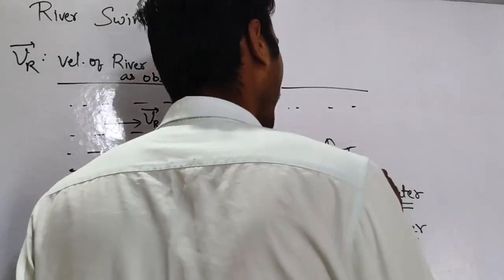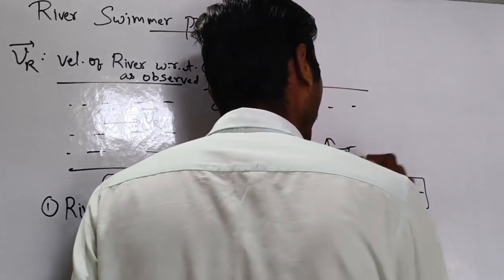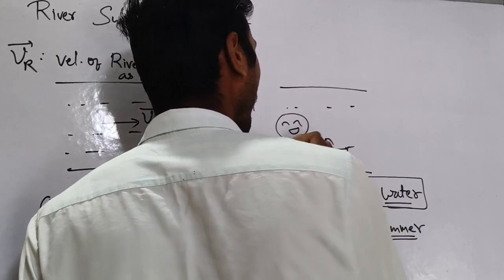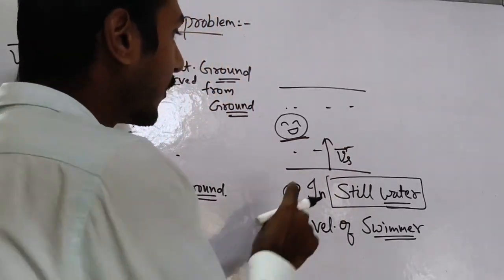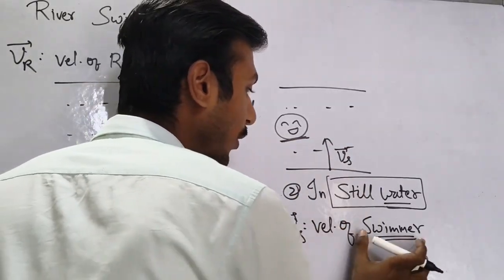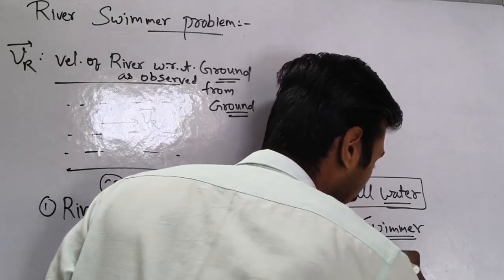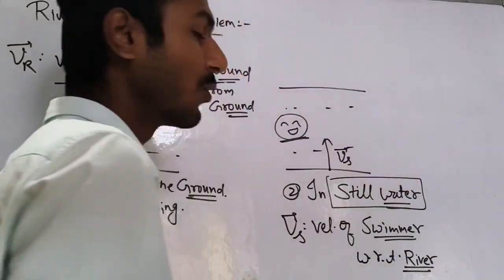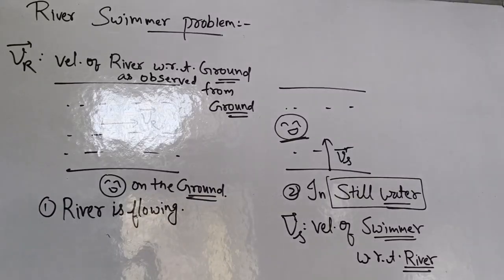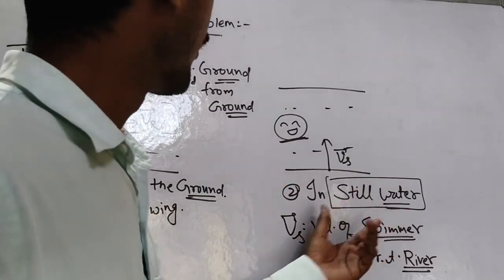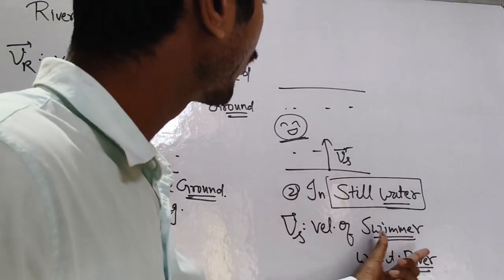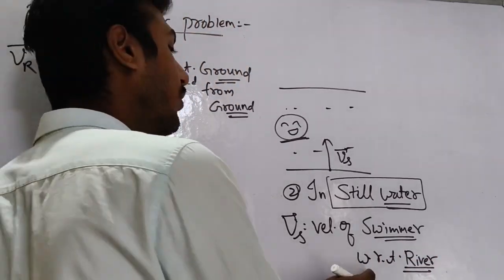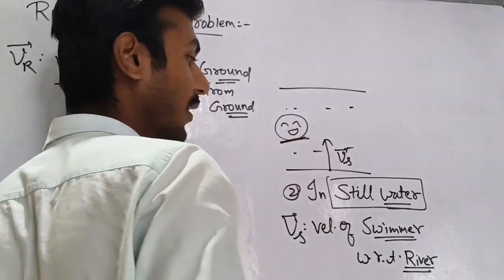But in still water, if the observer is here, then what is the velocity of the swimmer? It is with respect to the river. I hope you understand this point. So in still water, what is Vs? Sir, Vs is the velocity of the swimmer with respect to the river, or as observed from the river.